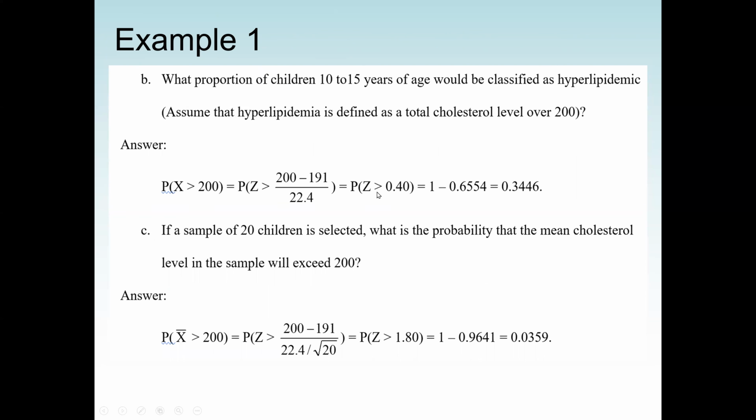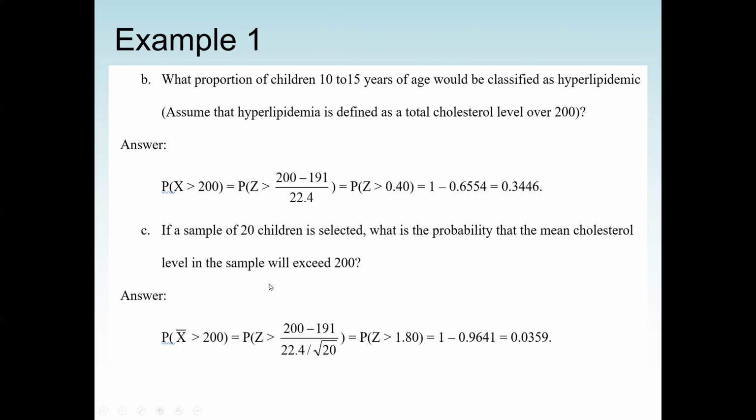Now, if it's greater, then we go to the right side. So follow the same steps, find a Z. But when you get a P, you have to subtract it from 1. The P will give you the value from the left to the value. So if I'm looking for the probability that X is less than 200, then that's what I will do.